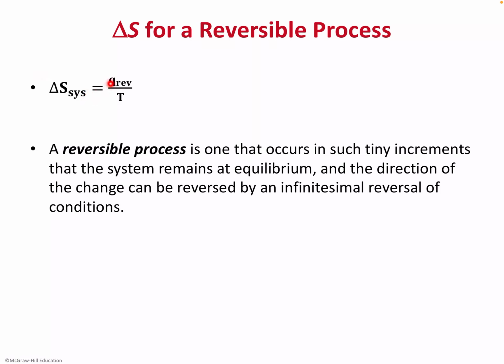Q here is the heat and T is the temperature. A reversible process is one that occurs in such tiny increments that the system remains at equilibrium and the direction of change can be reversed by an infinitesimal reversal of conditions.